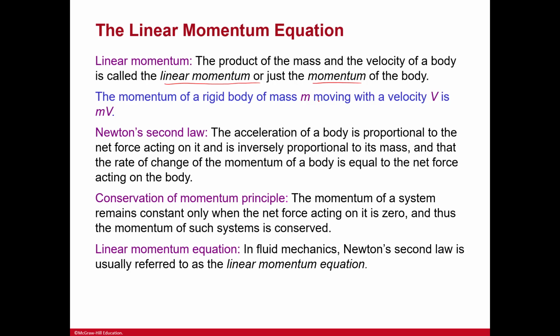And anytime we see a rigid body, we know that boundary work is equal to 0, because the body is not moving, so the boundary is not moving. The momentum of a rigid body of mass m moving with a velocity V is mV.